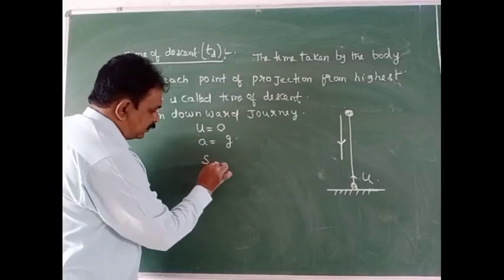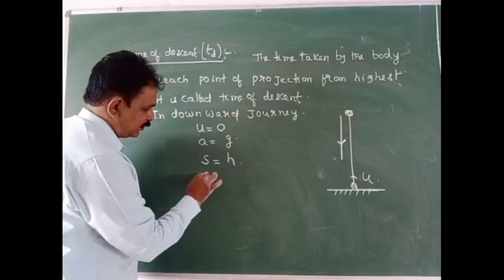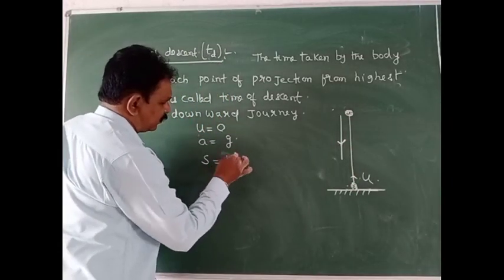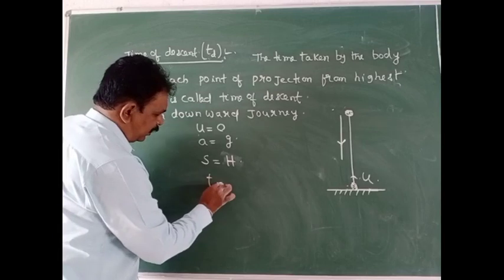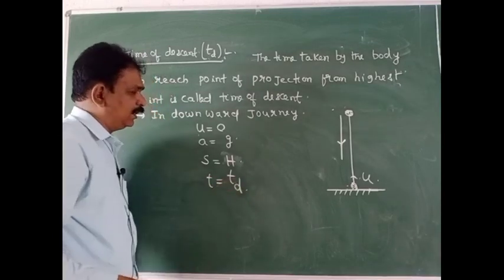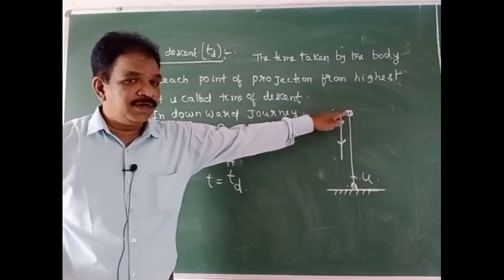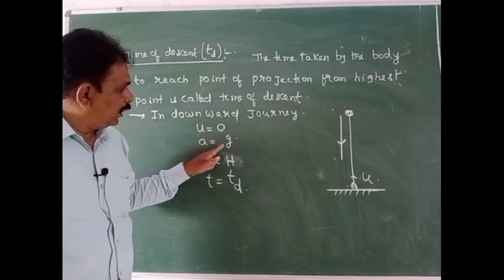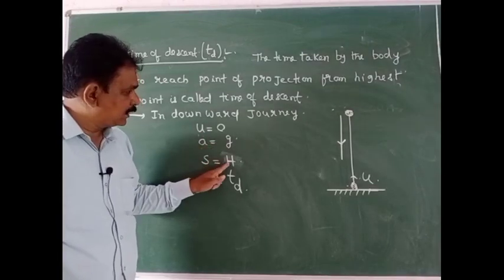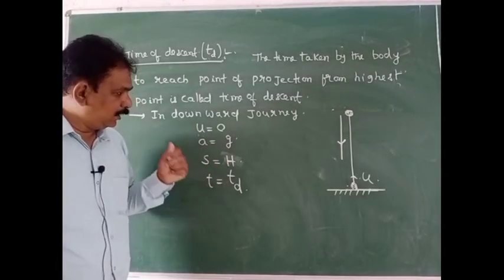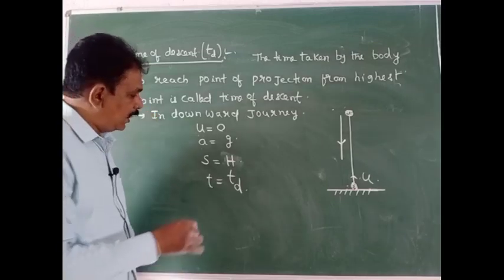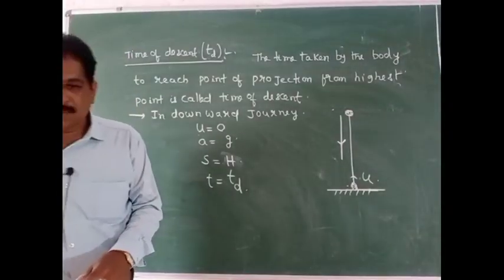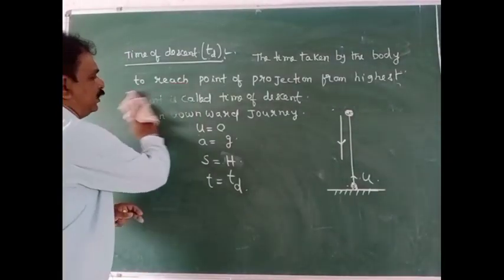How much distance it travelled? H, here to here, maximum height. Time I am assuming as TD. S is equal to H, t is equal to TD. All these values I am substituting in s is equal to ut plus half at square.